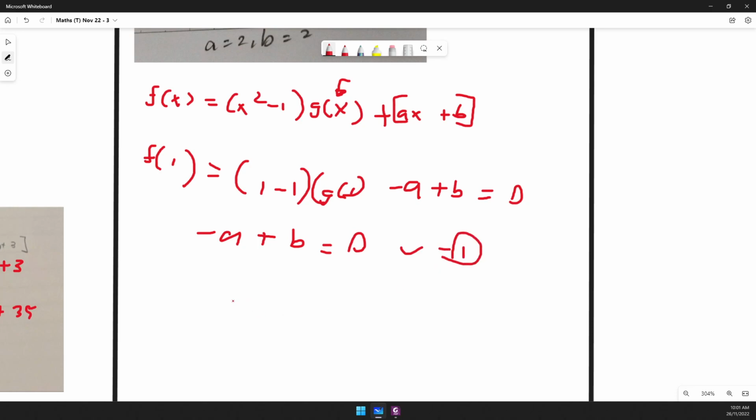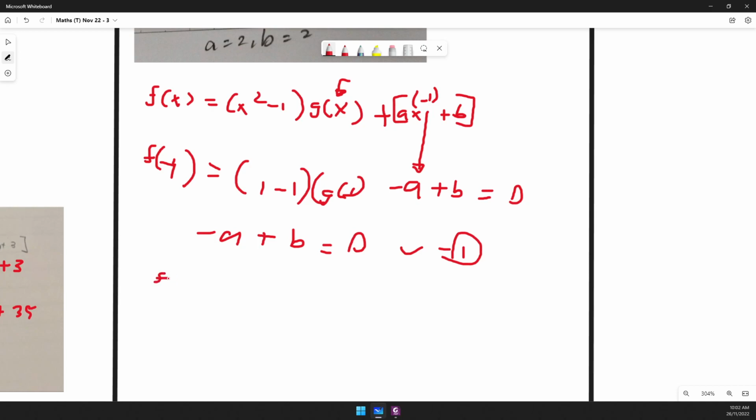Then your second one. Oh sorry, this should be negative, because it's squared, right? However you square, negative squared is still 1, so 1 minus 1.